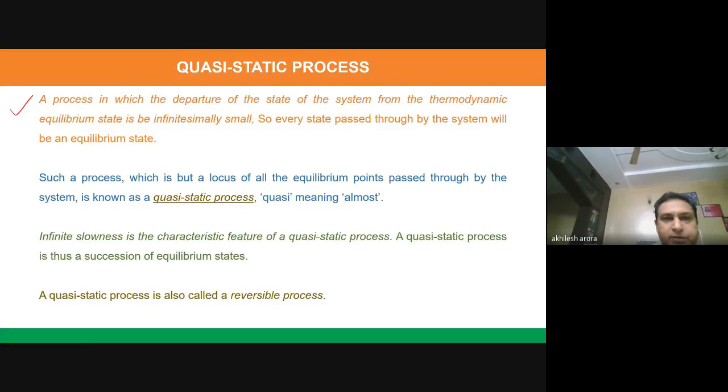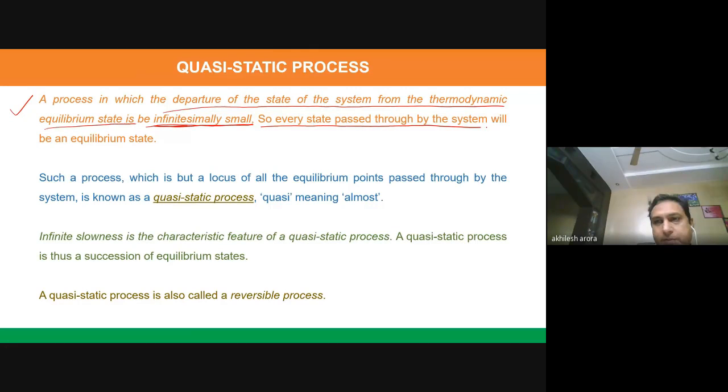Okay, so let us see the definition. A process in which the departure of the state of the system from the thermodynamic equilibrium state is infinitesimally small, meaning very small, so that every state passed through by the system is an equilibrium state, is known as a quasi-static process. Such a process, which is a locus of all equilibrium points passed through by the system, is known as a quasi-static process.